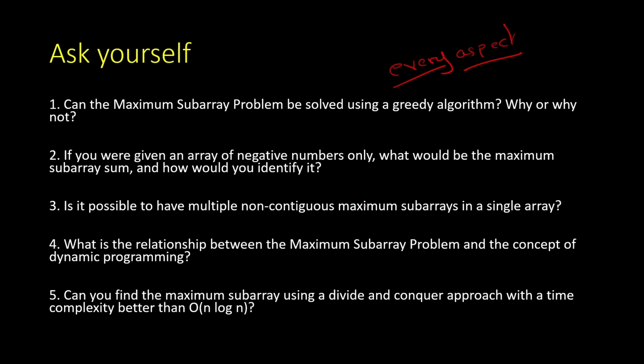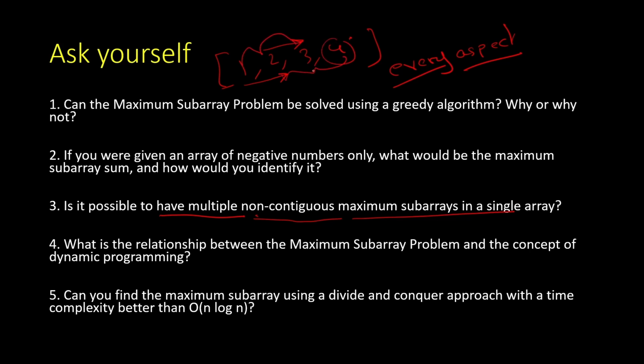For example, this question: is it possible to have multiple non-contiguous maximum subarrays in a single array? See, till now we are taking subarrays which are contiguous, right? So I'm taking 1, 2, 3, or 2, 3, 4, or only 4 itself.